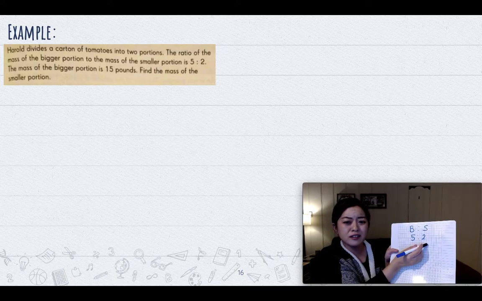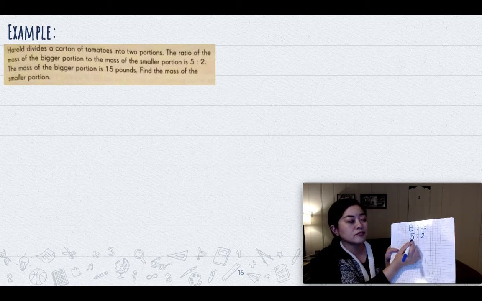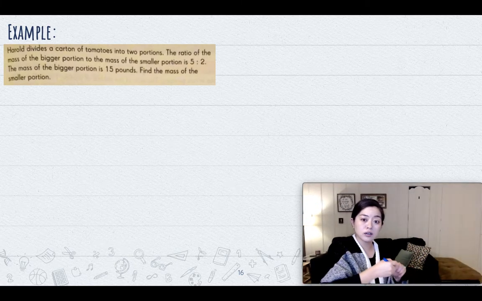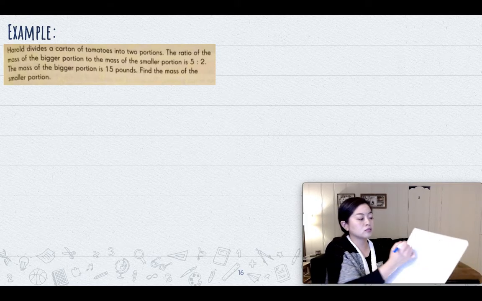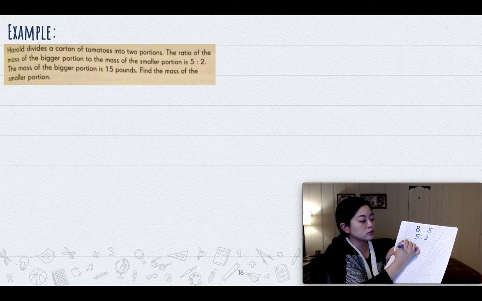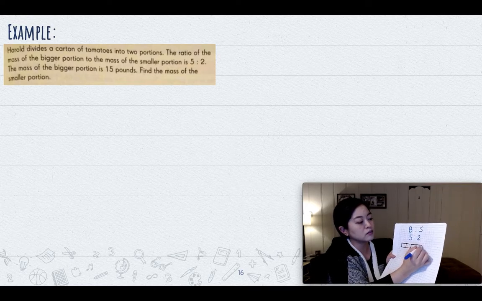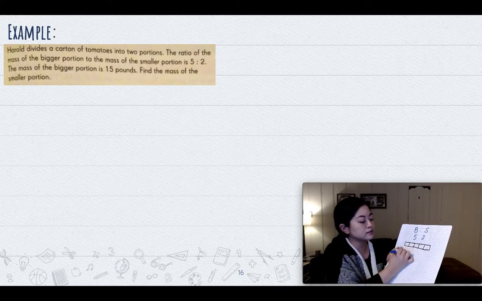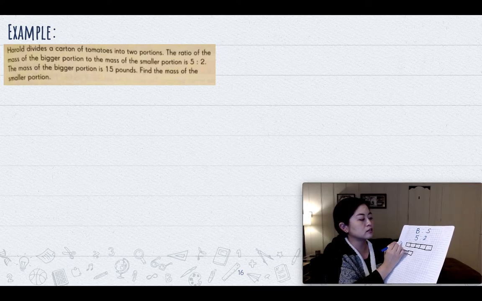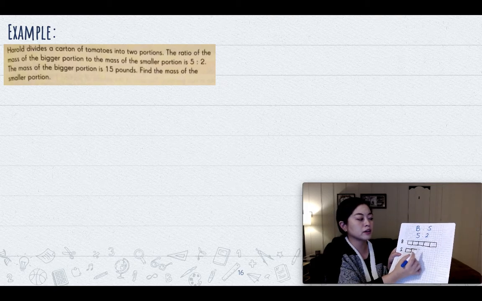But we can think of it as 5 groups to 2 groups. And so I'm going to draw a bar model right now. So 5 groups. Remember, when there's groups, it has to be of equal size. Okay, 4, 5. Then this one is 2, and this is the bigger group, and this is the smaller group here.